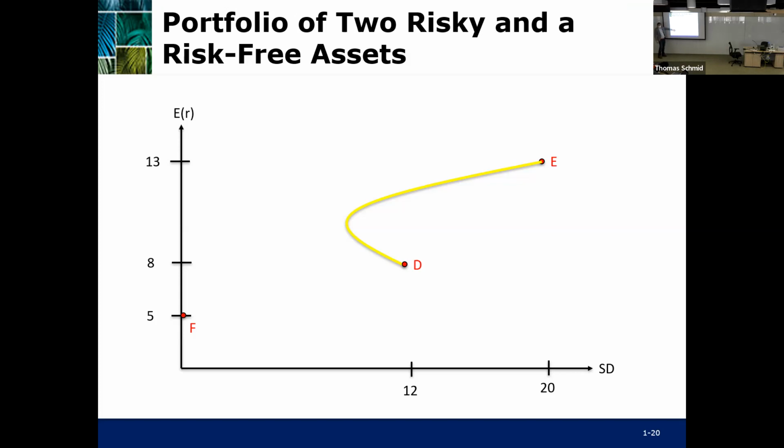Okay? So now in our new world, we magically introduce our new asset F, which is the risk-free asset, which means obviously it has 0 risk and some non-zero expected return. So now we can invest in what? We can invest in any point along the yellow curve, including D and E, or we can invest in F. Right?